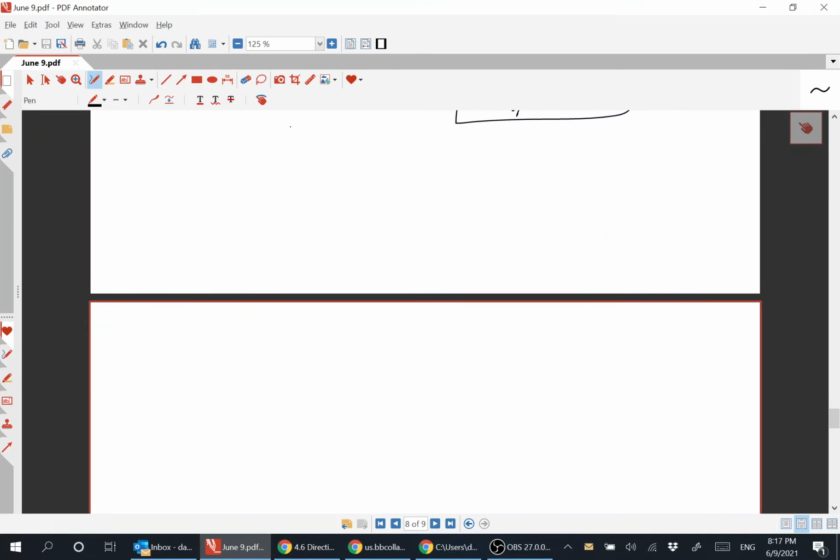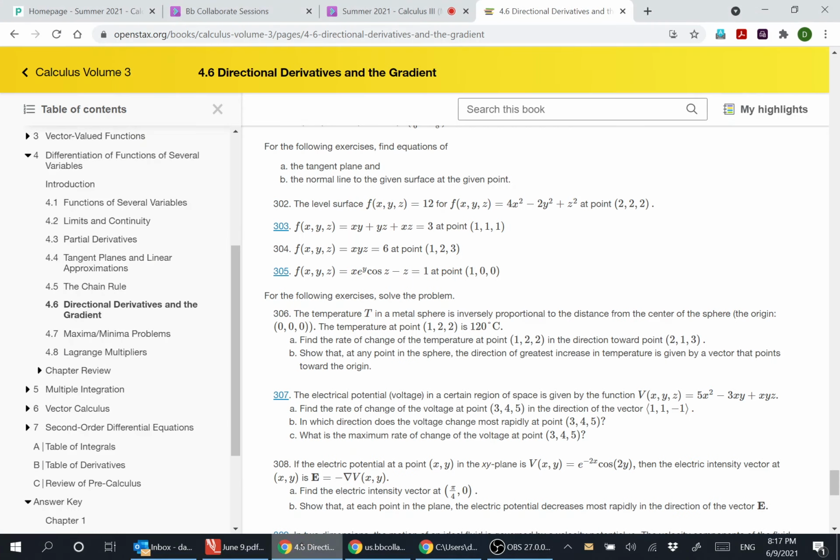It's an interesting looking problem. So you've got the sphere centered at the origin. All right, so that's 0, 0, 0. It doesn't tell you what the radius is, but it gives the temperature at any given point.